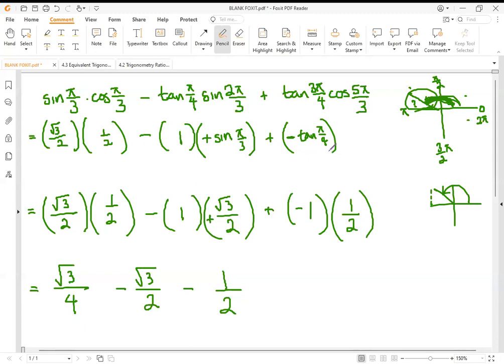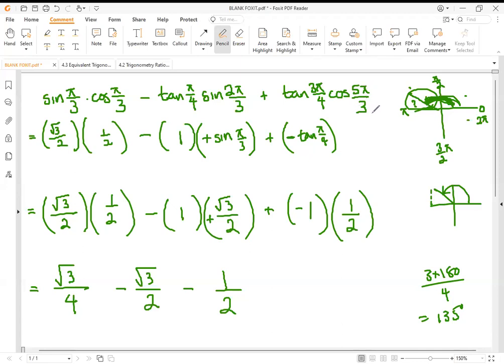How do I get that? So 3 pi over 4 is like 3 times 180 over 4, which is the same as 135 degrees. Where is 135 degrees? Quadrant 2. That's right.